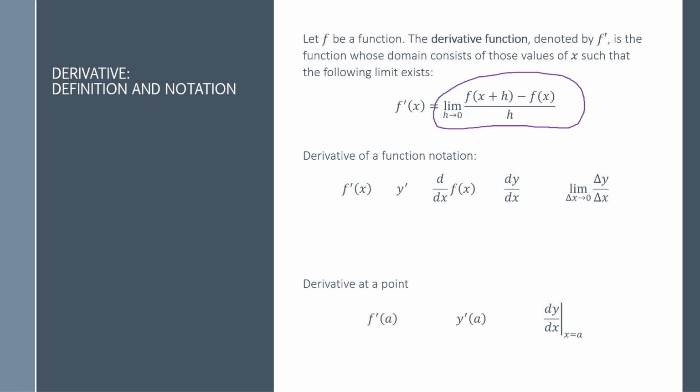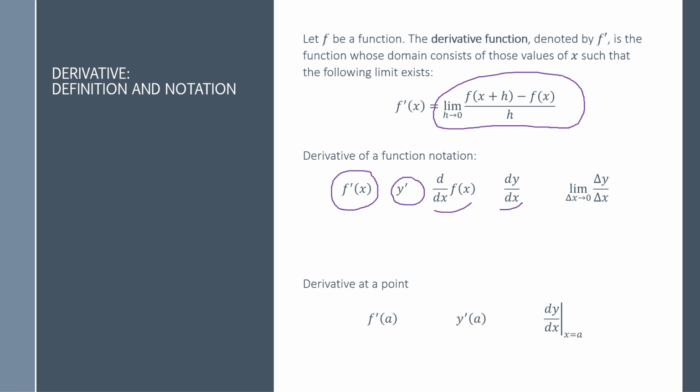And let me discuss a little bit of notation that we will use in this class. The most common notation we will use is f prime of x. So this represents the derivative of a function. Sometimes we can say it's y prime if we label our function as y. Then we can say d dx of f of x, or dy over dx.